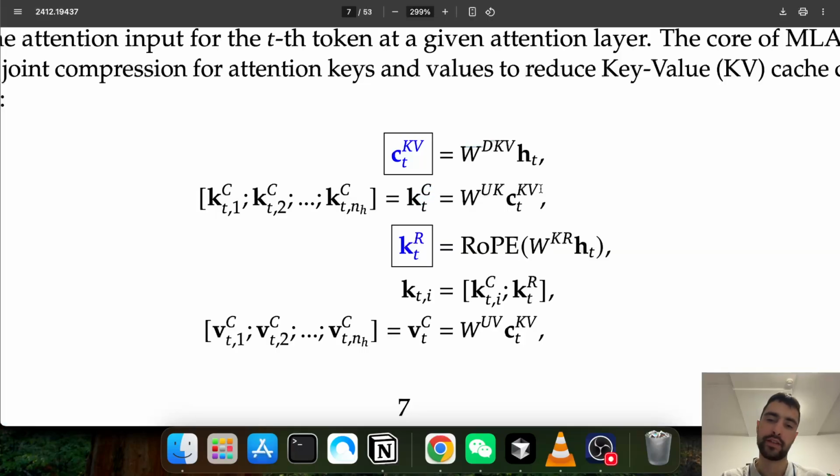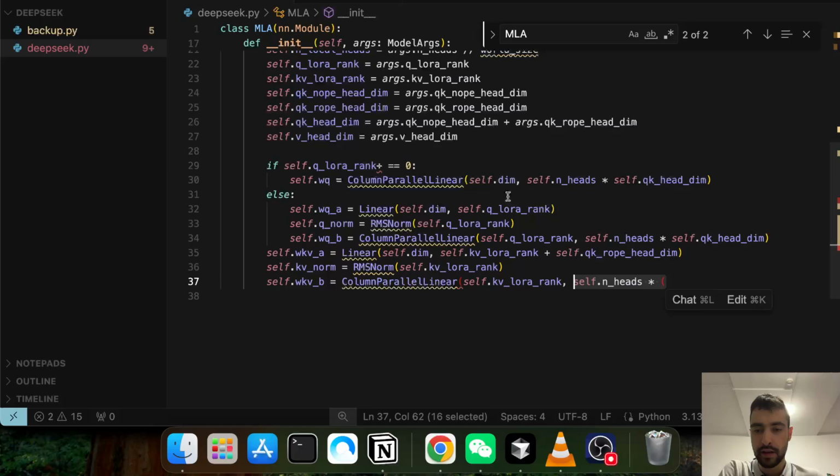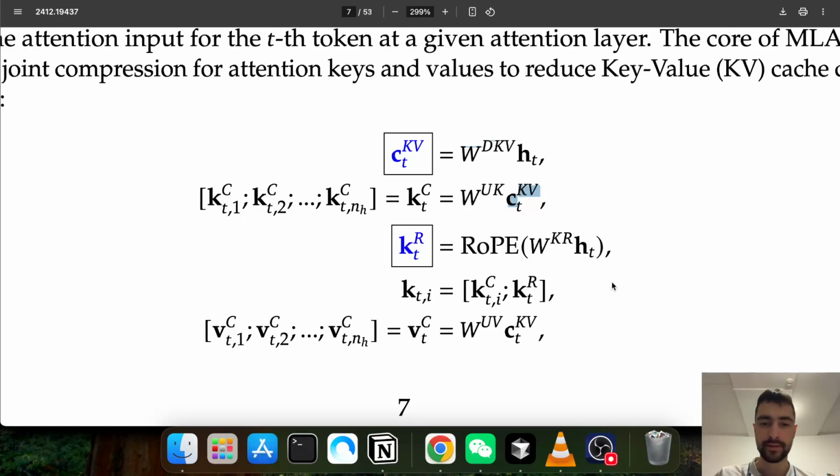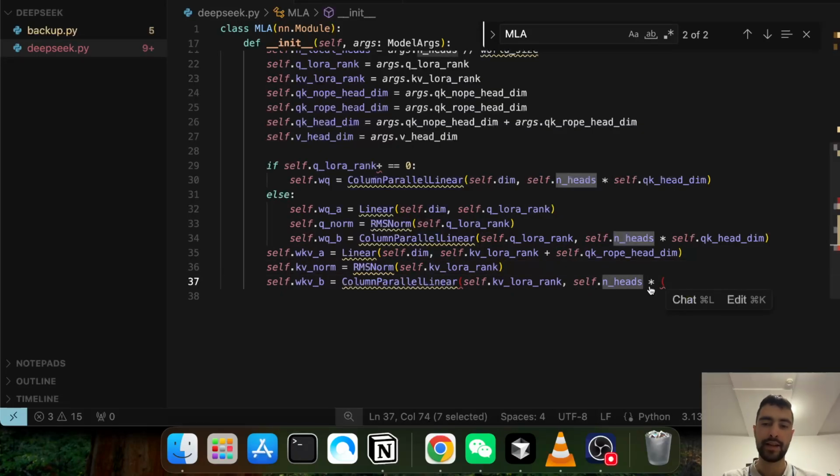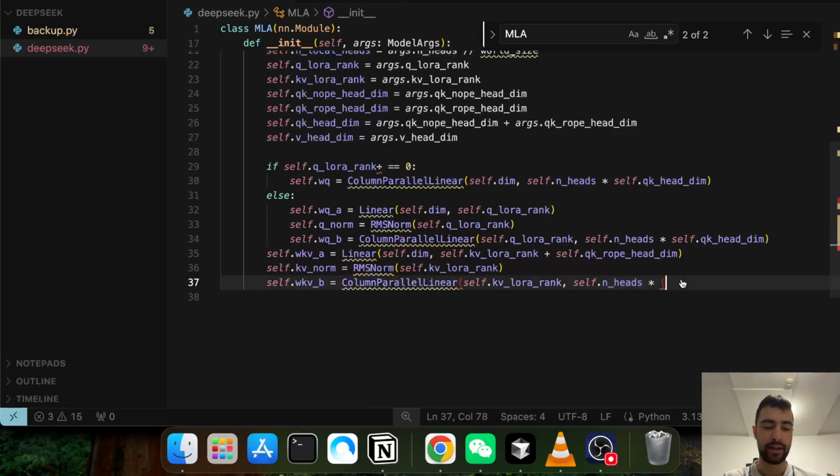The input is the rank of this latent representation. The output is self.number of heads. So the dimension of this guy is number of heads times dimension per each head. So that's how you get the whole vector dimension. So number of heads times the dimension of the key head.